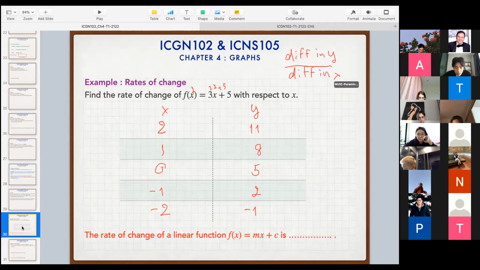This is the rate of change of y with respect to x. We just calculate like this.